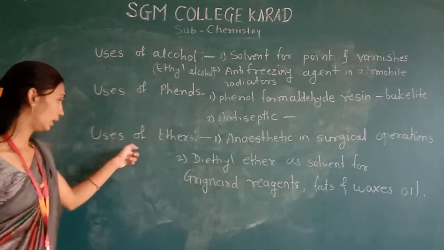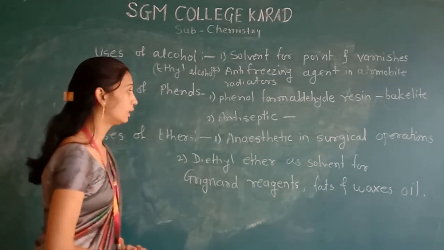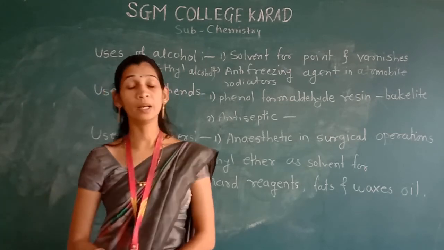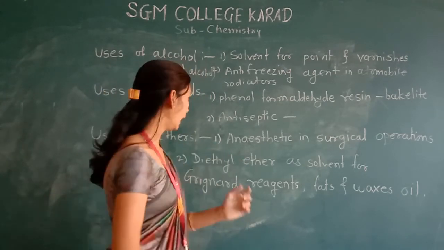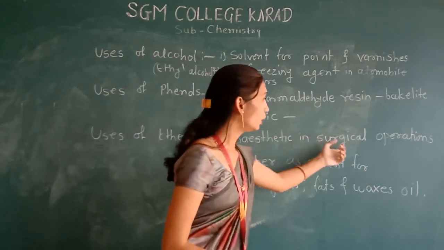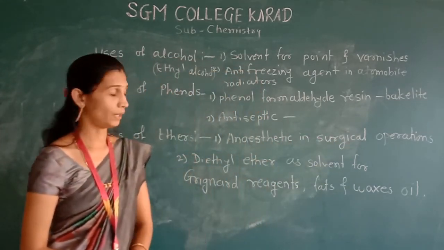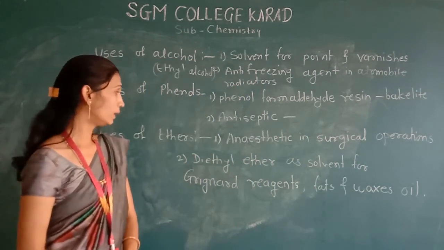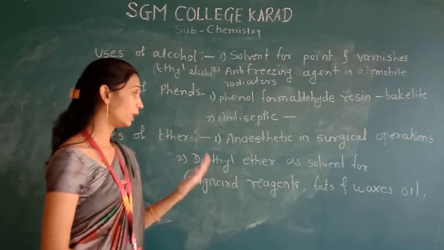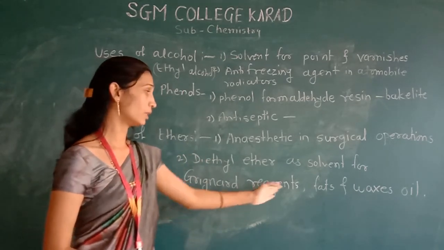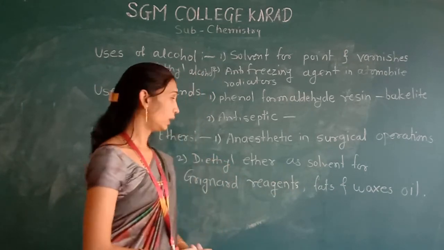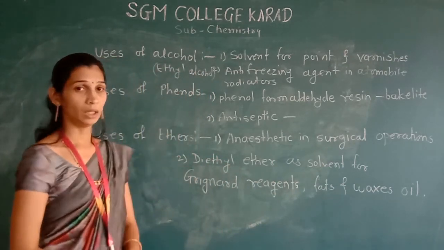Now the last one is uses of ether. In surgical operations, if we want to make the patient unconscious, then ether is used as an anaesthetic. Dimethyl ether is used as a solvent for different reagents like Grignard reagents, or for fats, waxes or oils. Now these are the uses of ether.